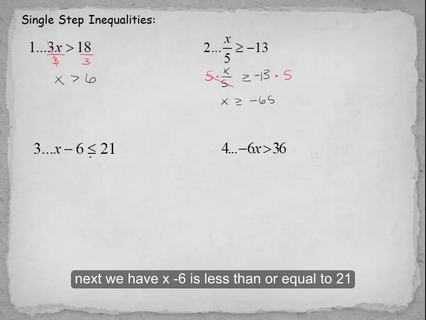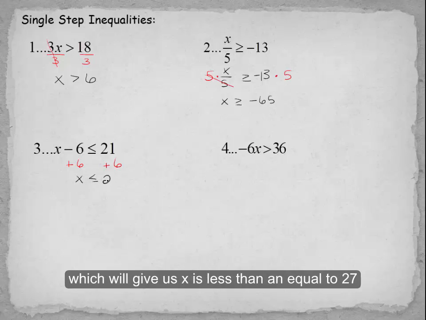Next, we have x minus 6 is less than or equal to 21. Our first step will be to add 6 to both sides, which will give us x is less than or equal to 27.